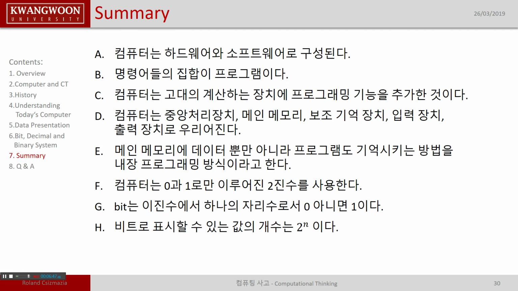Then the computer counts in zeros and ones, so binary codes, and bit and byte itself, it's 2 to the power of 3, so that's it.